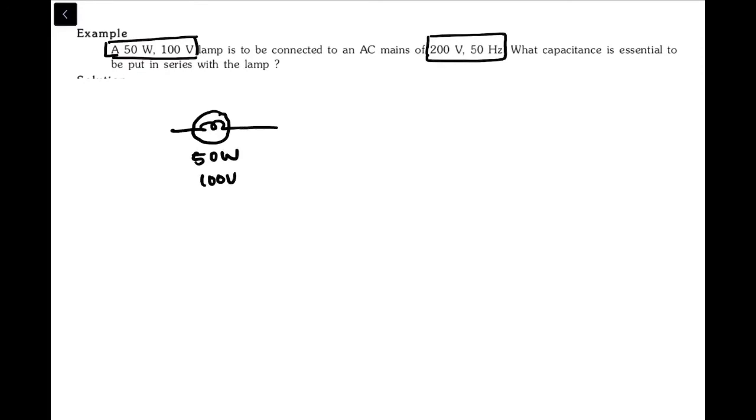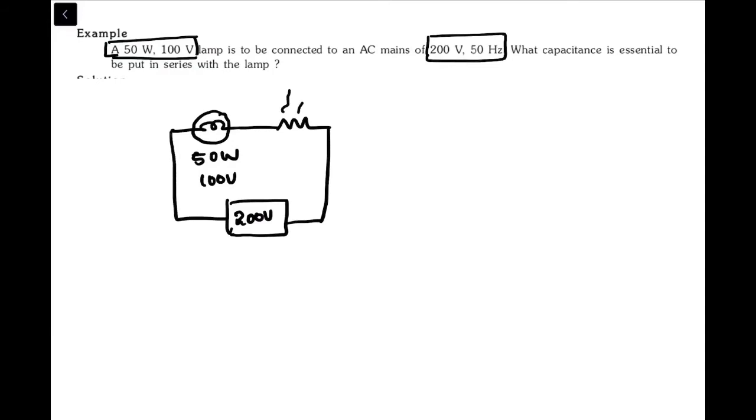If I connect a series resistance, let me take a 200 volt source. I can do it like this also, but what is the problem? The problem is this resistor will dissipate heat and the efficiency will decrease. So that is not what we require.